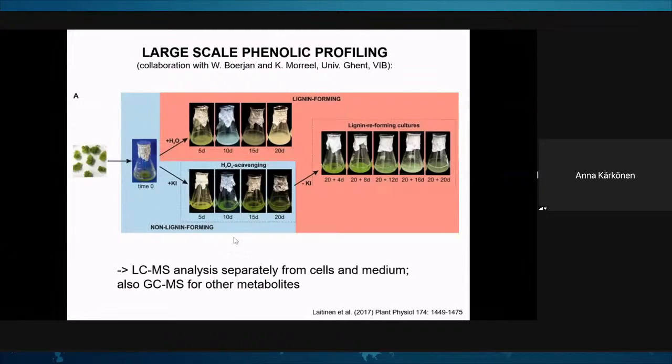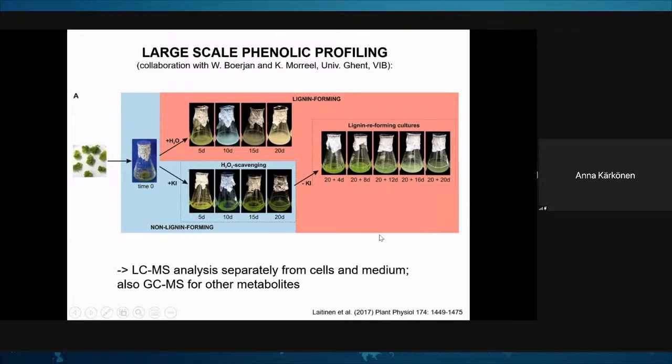After 20 days, we changed the culture medium away from these iodide-treated cultures and washed the cells with fresh medium to be sure that the iodide was totally removed, and then put them back to normal culture medium. And the lignin formation came back, and we again took samples. So both cells and culture medium were taken. So basically, the lignin-forming conditions are marked here in red color and the non-lignin-forming conditions in blue color.